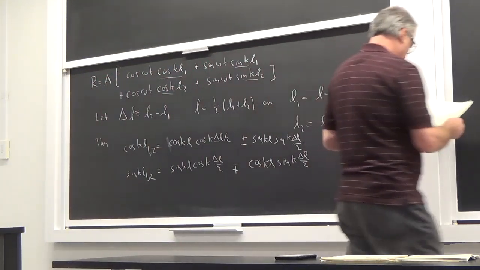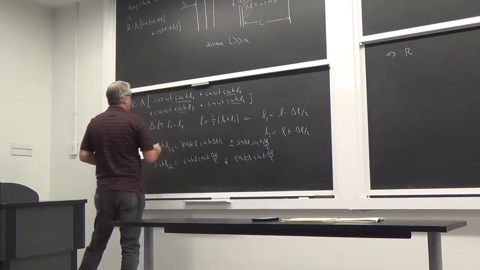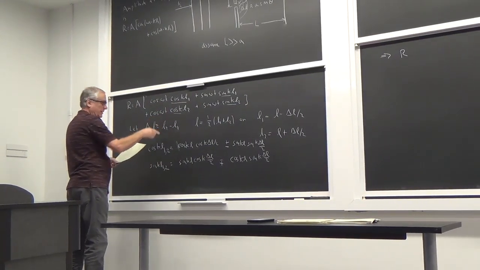And there's a lot of things in common here, so let me look at what multiplies cosine omega t.